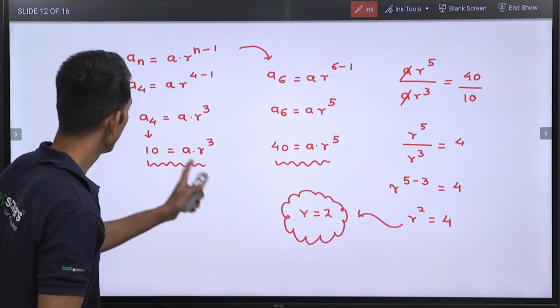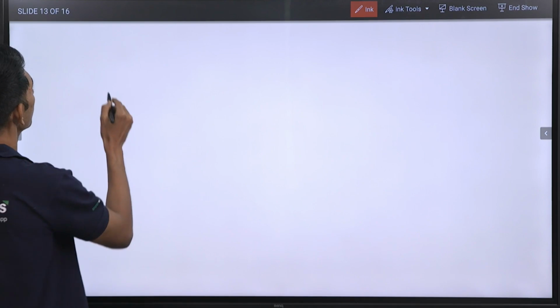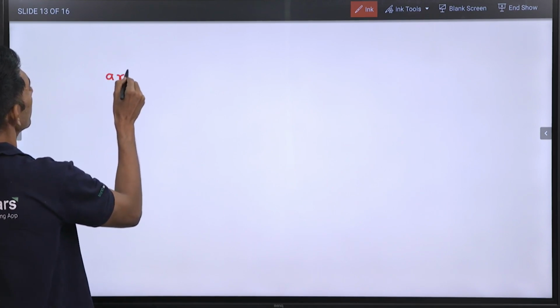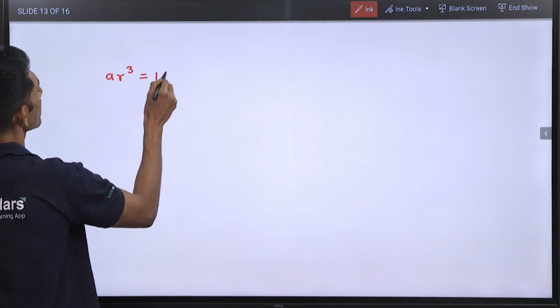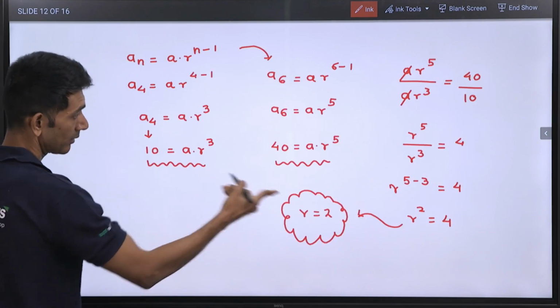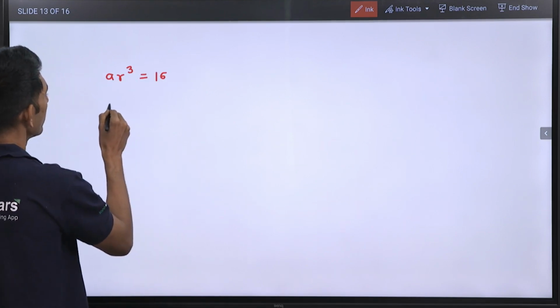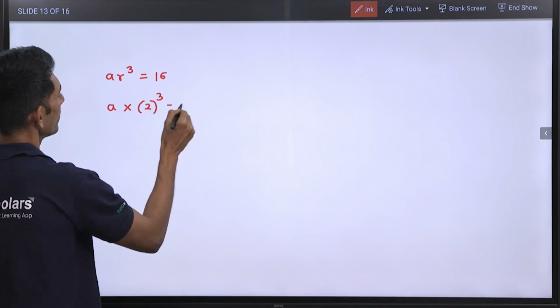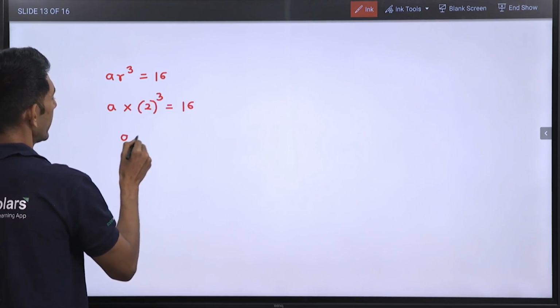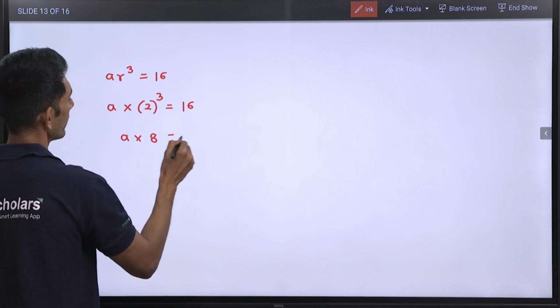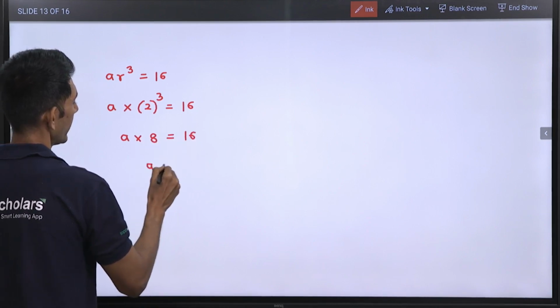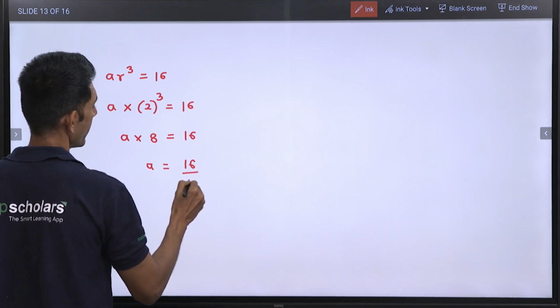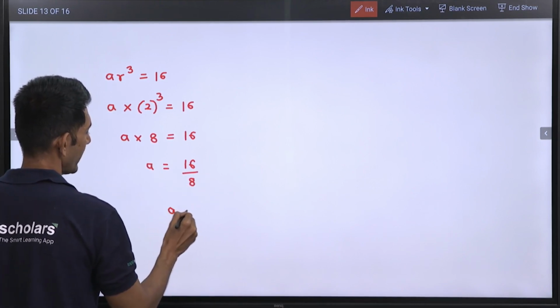We know that A into R cube is 10, but R is 2, so A into 2 cube is 10. So A into 8 is 10. So A will be equal to 10 divided by 8.